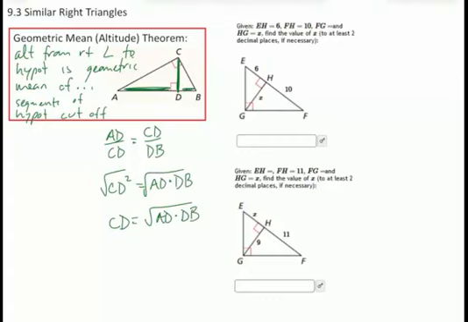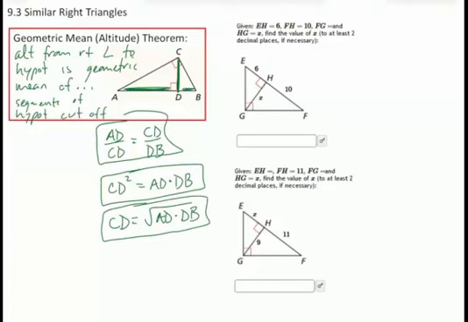Any of these forms before the radical are acceptable forms. The one that's normally used is this one.